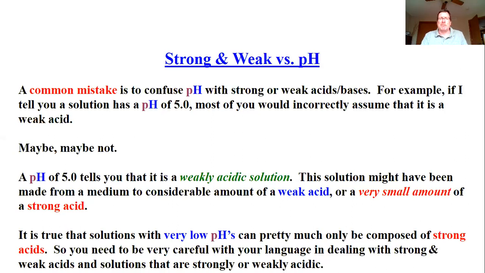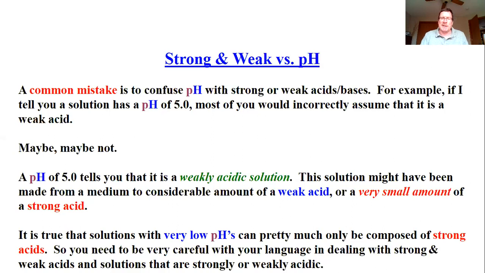So my example is, if I tell you the pH is 5, you might think it's a weak acid because it's close to neutral, but that's not necessarily true. It could be just a very dilute, strong acid, where the molarity is very small, so it comes up with a pH of 5.